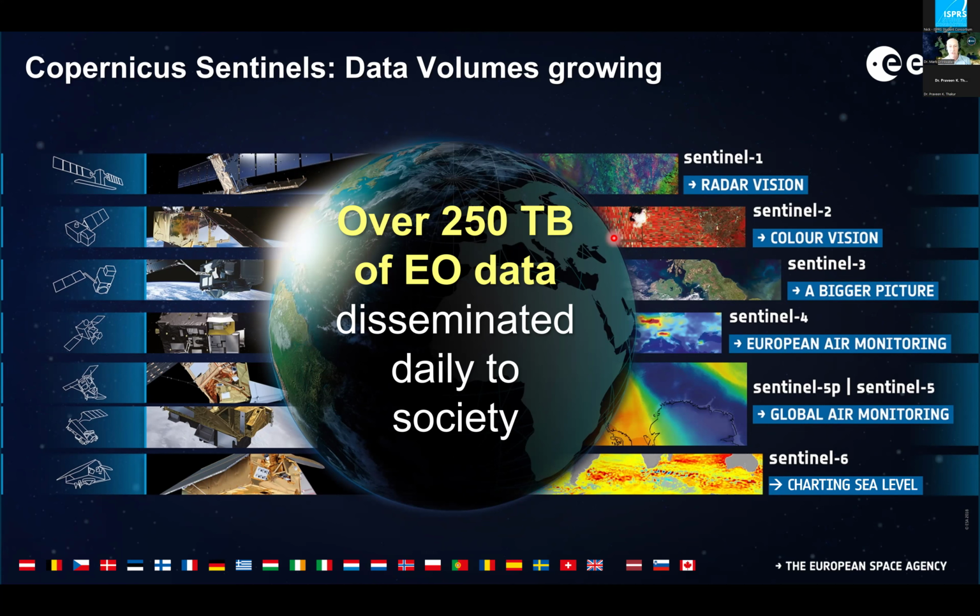And when we have an infrastructure of this size and nature, we have to also plan for not only the downlink, but also the delivery of a massive volume of data, which amounts to over 250 terabytes of data, which are disseminated daily by the series of Copernicus Sentinel missions.